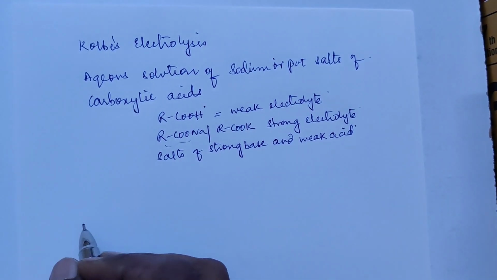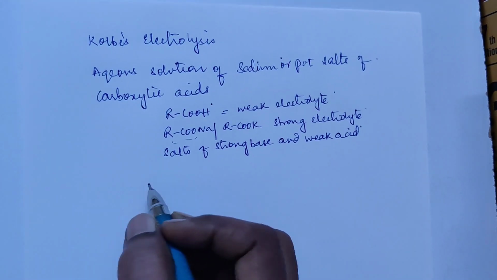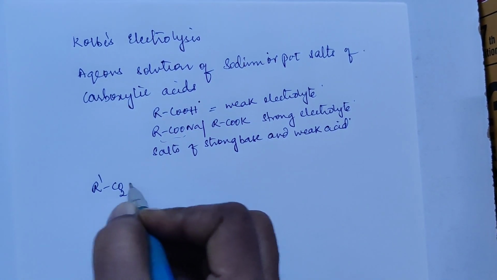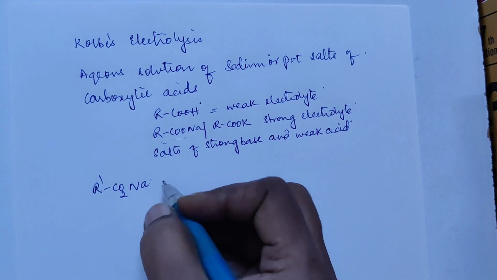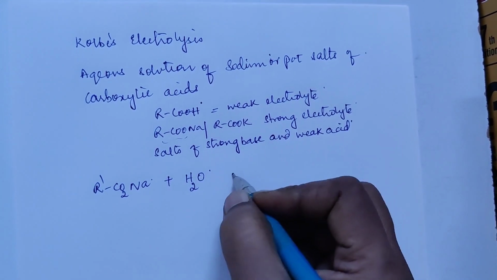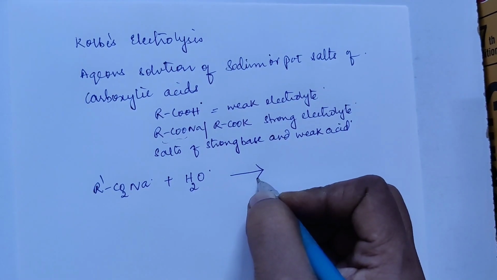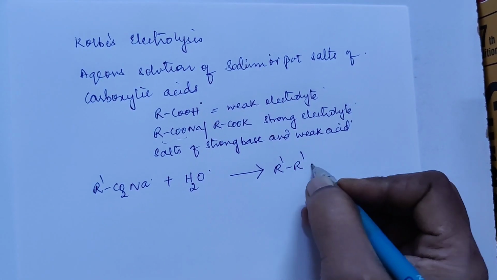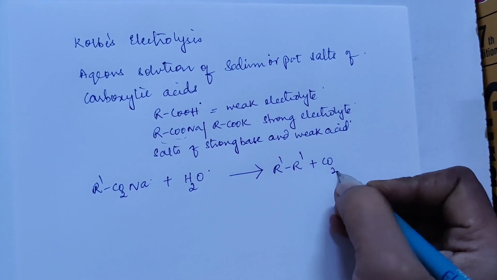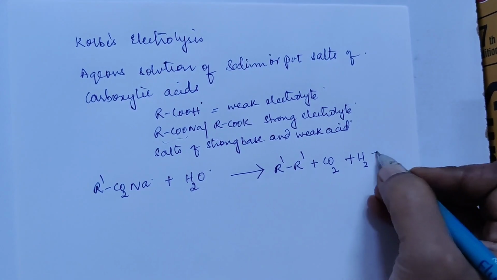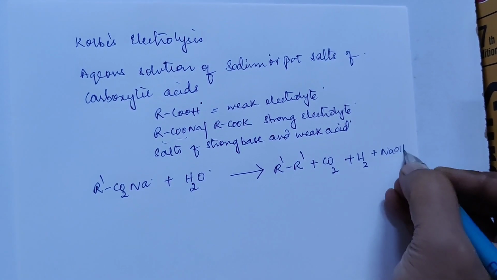So let us look at the equation where the sodium salt of carboxylic acid, in aqueous solution, gives R-R plus carbon dioxide plus hydrogen plus sodium hydroxide.